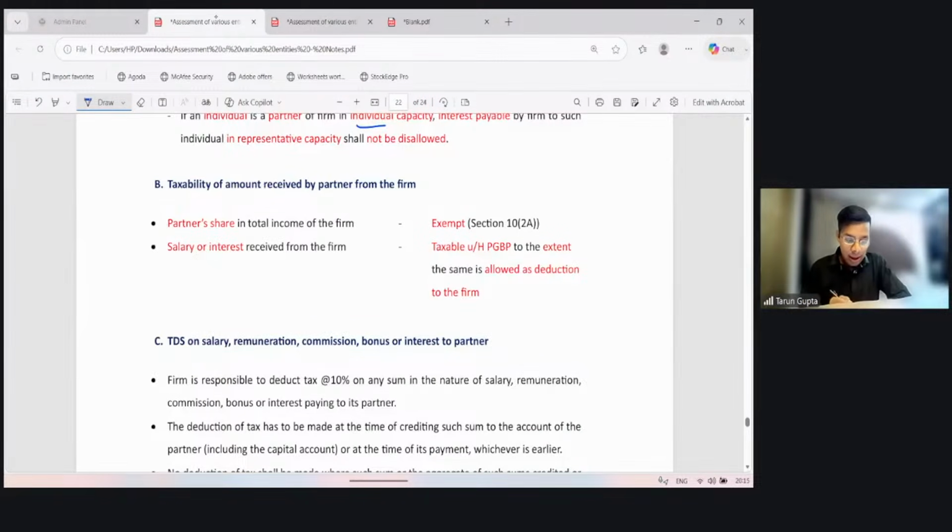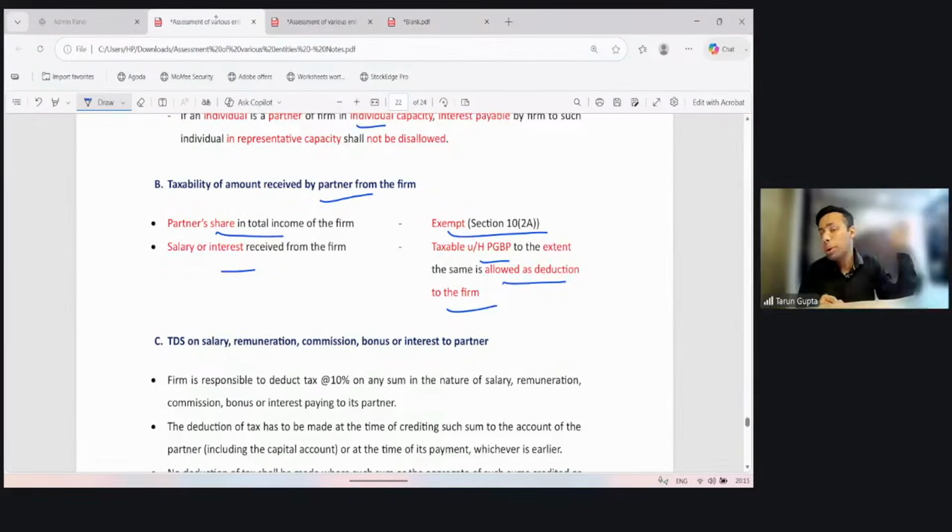As we discussed, the taxability of the amount received by a partner. So what does a partner receive? A partner generally receives a share of profit from the firm, which is exempt. The partner's share in the total income of the firm is exempt under section 10(2)(a). Salary or interest are taxable under PGBP only to the extent the same is allowed as a deduction to the firm.